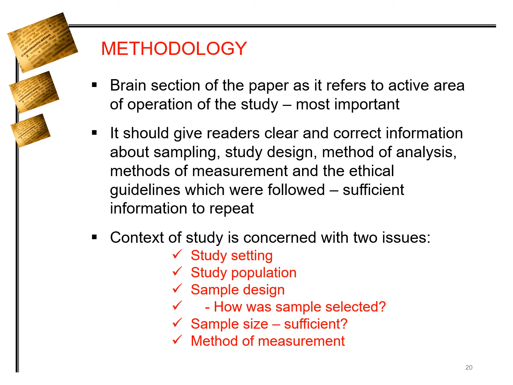Now, the brain section of a paper is its methodology, which refers to an active area of the operation of the study and is regarded to be the most important section of the paper.